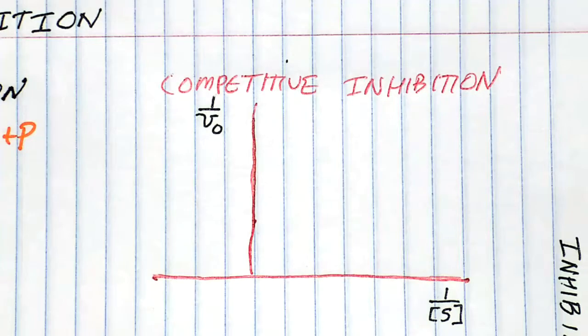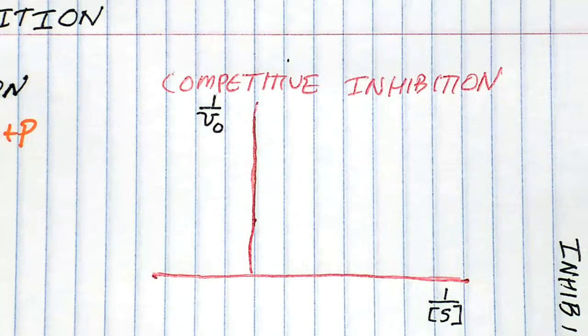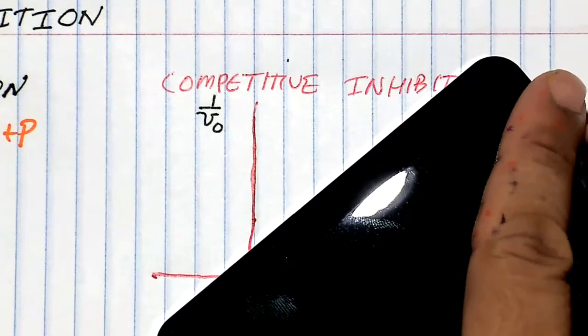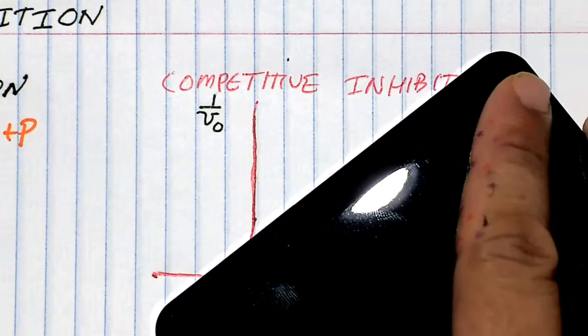All right. And what will the Lineweaver-Burk plot look like without the addition of an inhibitor? Okay, it's going to be a straight line. So we will have the straight line. I'll just use this ruler here to mark my straight line.